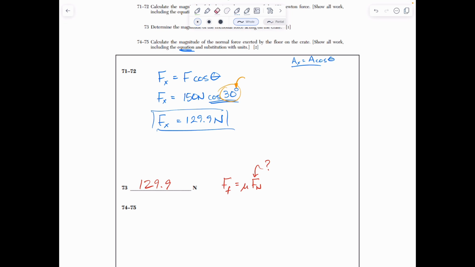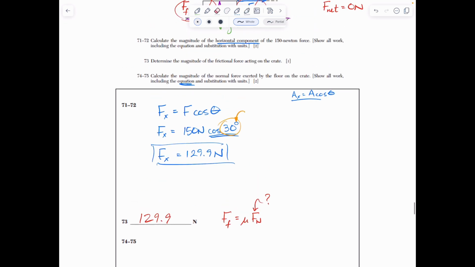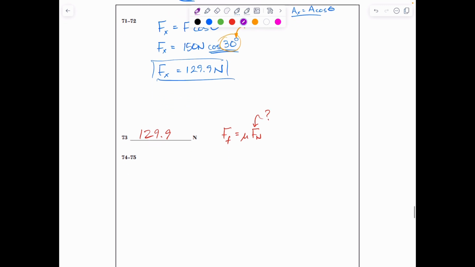All right, so now we just figured out the component of friction, and now 74 and 75 says calculate the magnitude of the normal force exerted by the floor on the crate. And so to do that, well, the normal force is in this equation, and we have everything now because we have the force of friction. We just figured it out with our free body diagram. We know the coefficient of kinetic friction.